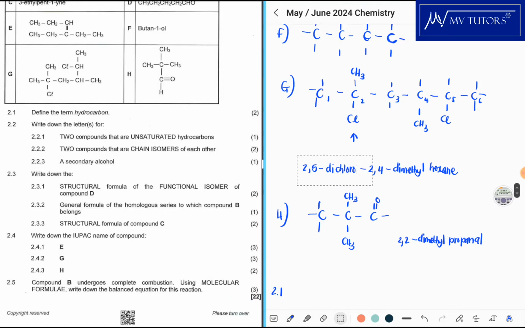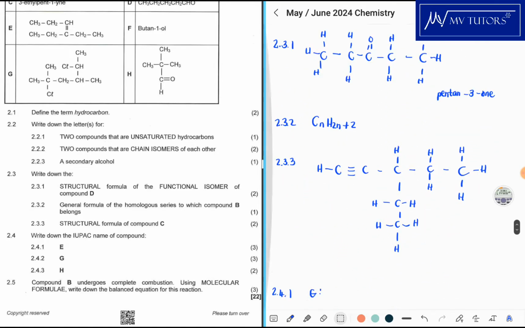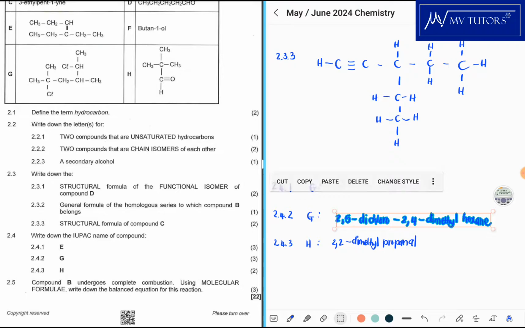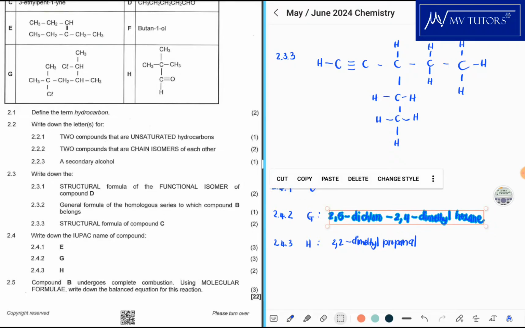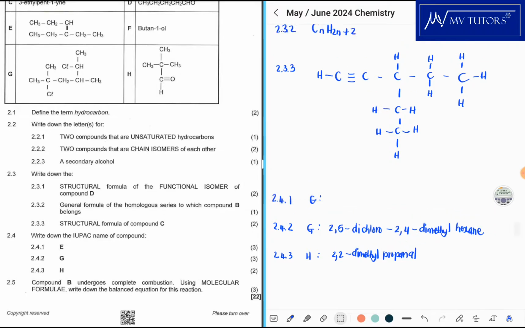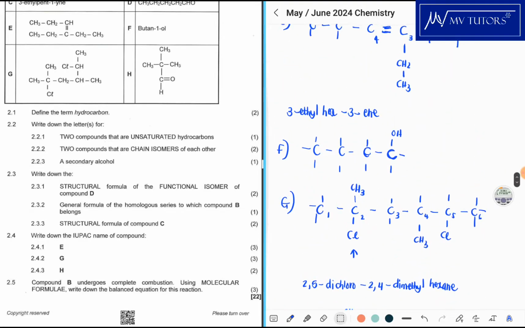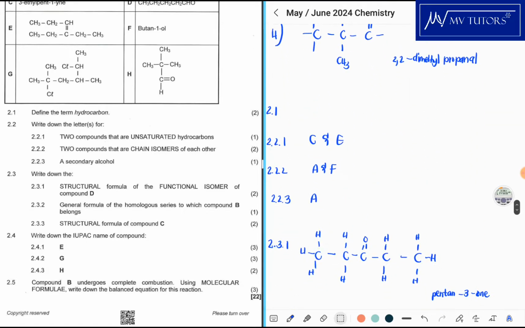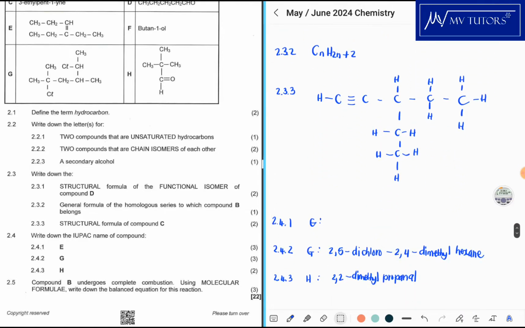Ooh, that long name. 2,5-dichloro-2,4-dimethylhexane. We have its name right there. And then E, we have it as 3-ethylhex-3-ene. And we are done with that naming.